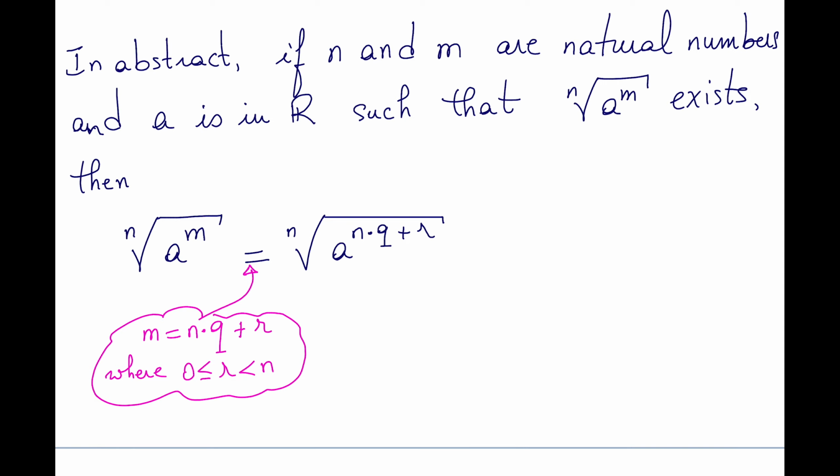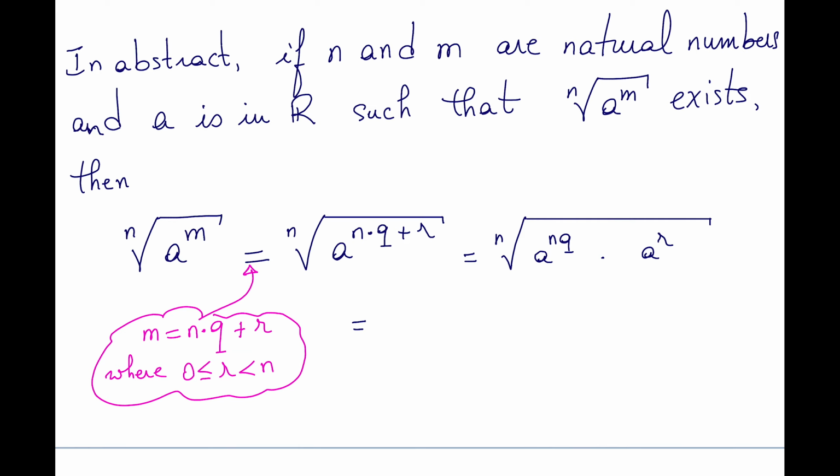And this is the same as, if you remember, we used to split this. So we write a to power nq times a to power r, right? Because that's the same base, you can just add the powers, correct?